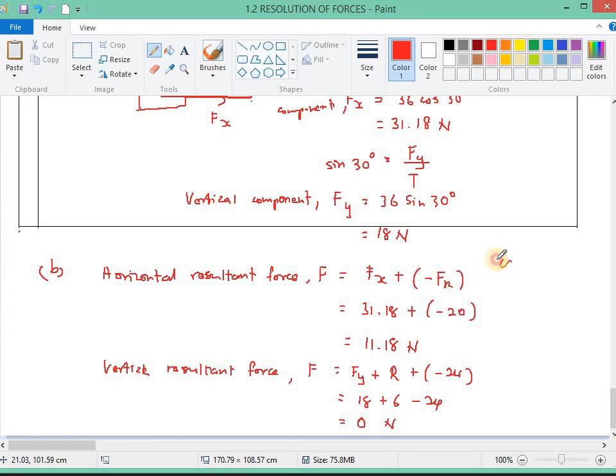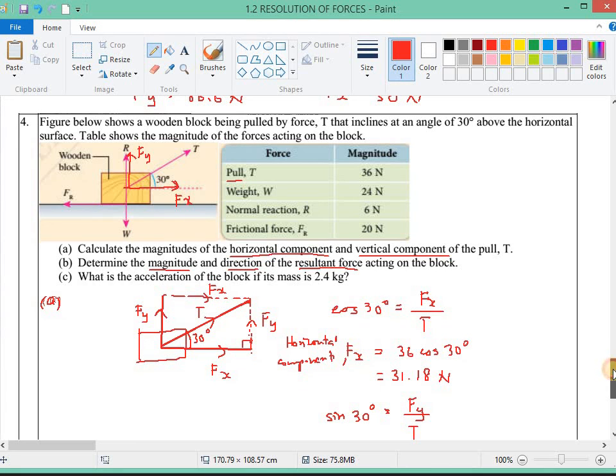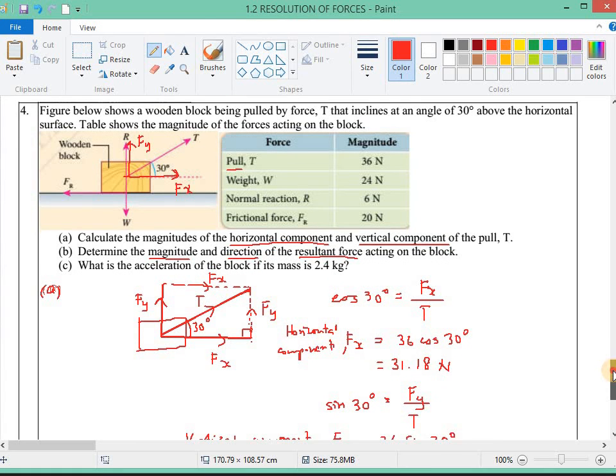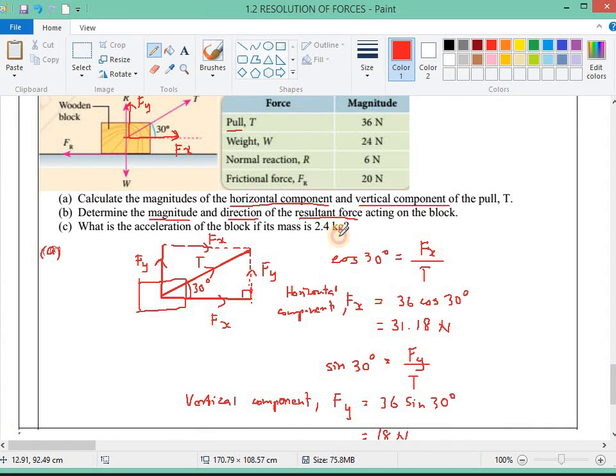Okay, so C, F equals to ma. Okay, so 11.18. Mass is, okay, it's given here that the mass is 2.4 kilogram.